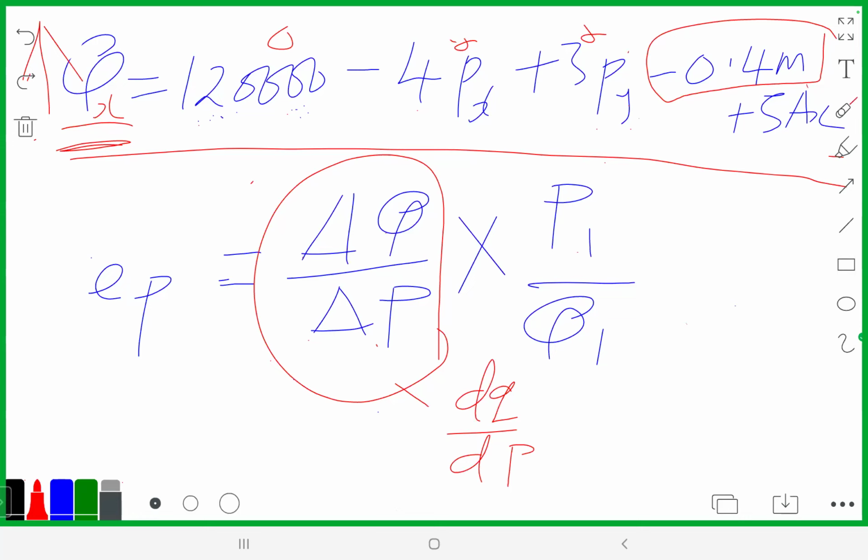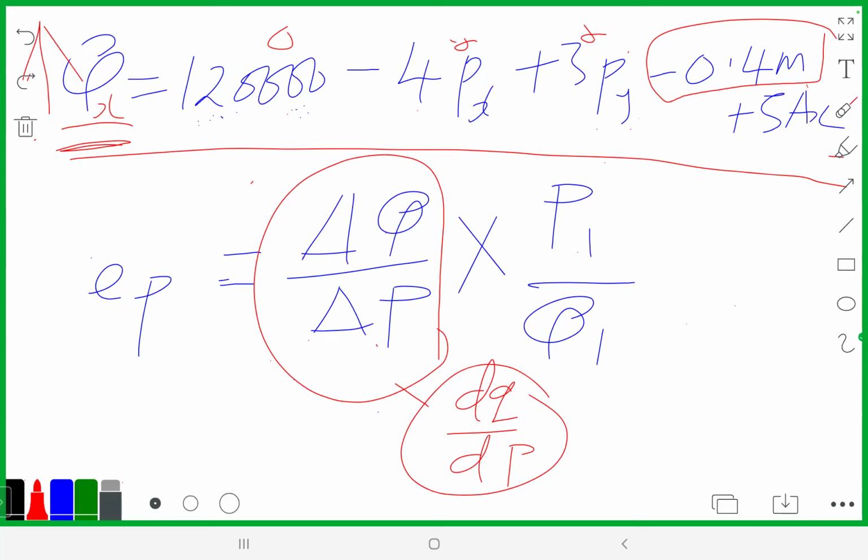Is that clear? Because change in Q over change in P is the same as dQ/dP, right? So how do you find this part? We can use calculus to find dQ/dP.